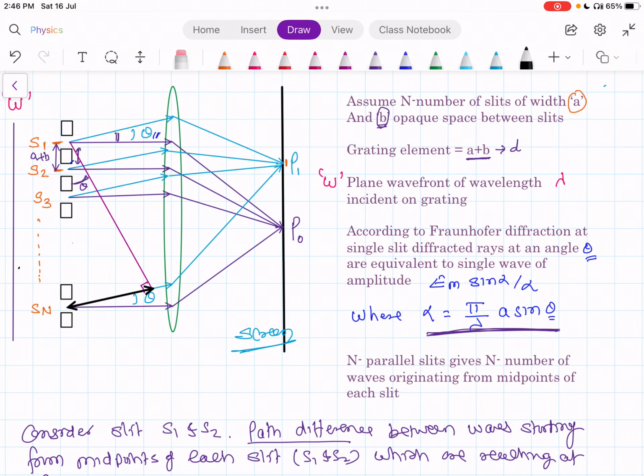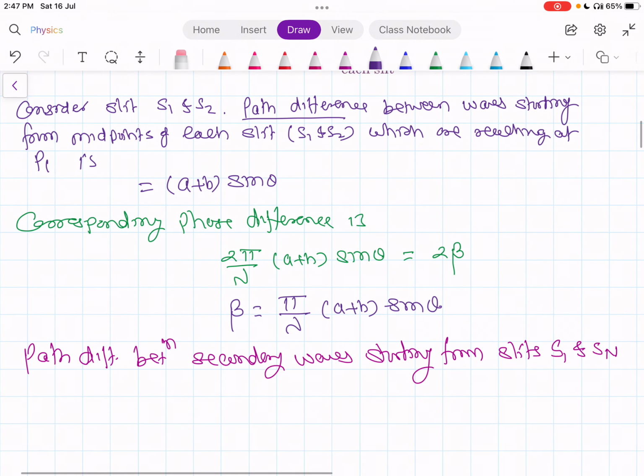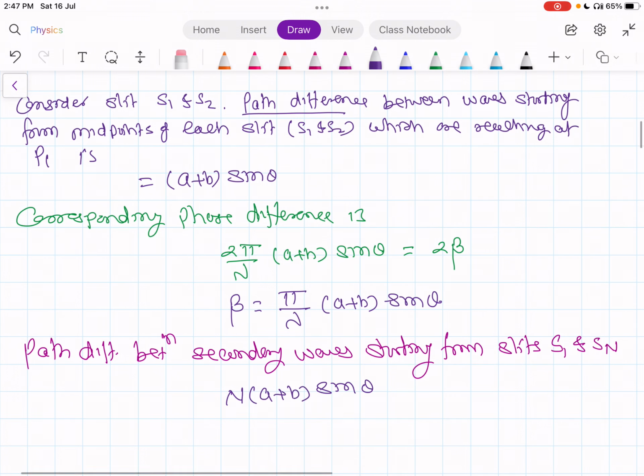Now the distance between slit S1 and Sn is n times A plus B, and the angle over here is theta. And so this path difference is equal to n times A plus B sine theta.